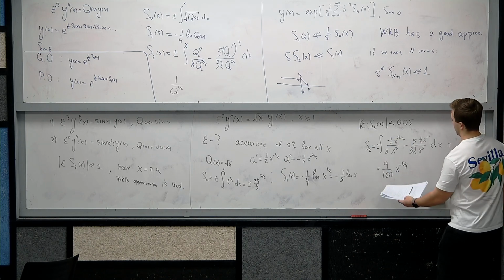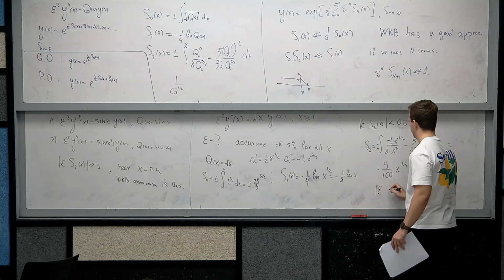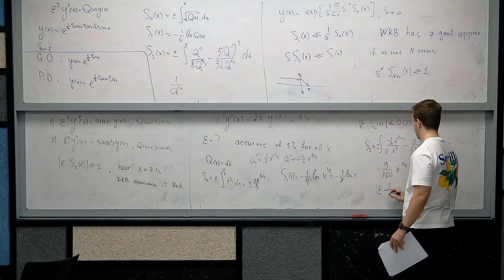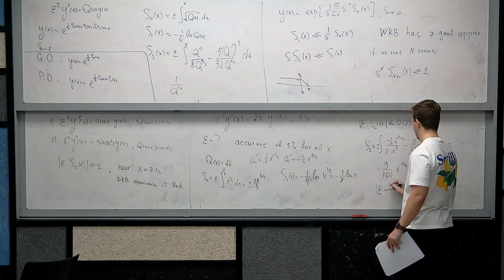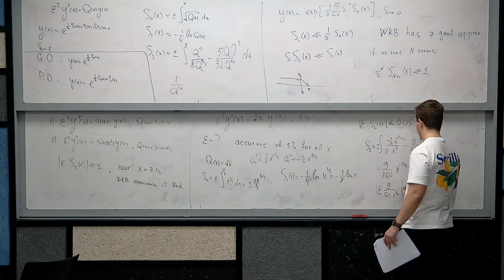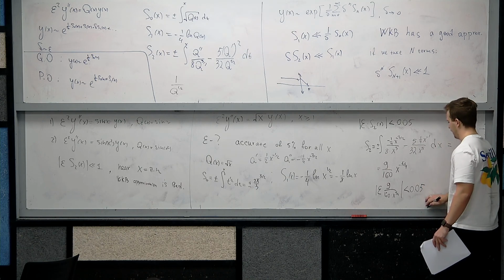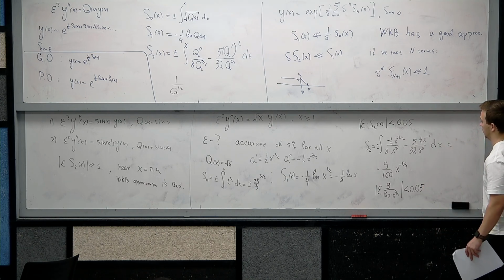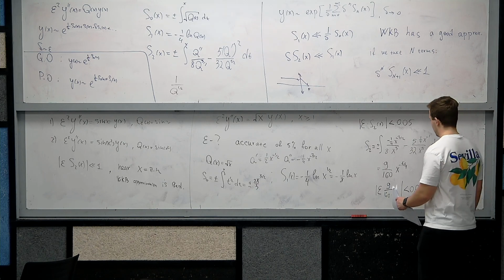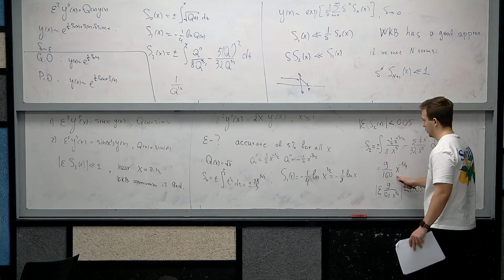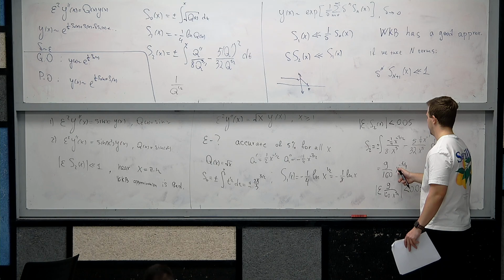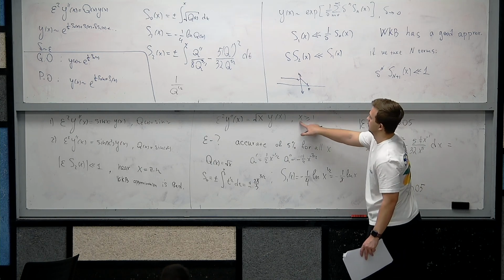And now let's plug in. We have epsilon times 9/(160 x^(5/4)) has to be smaller than 0.05 for all x, because this function is decreasing when x is growing.